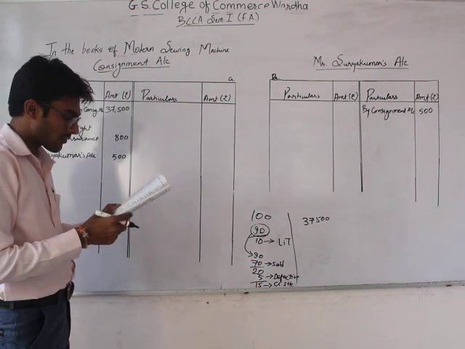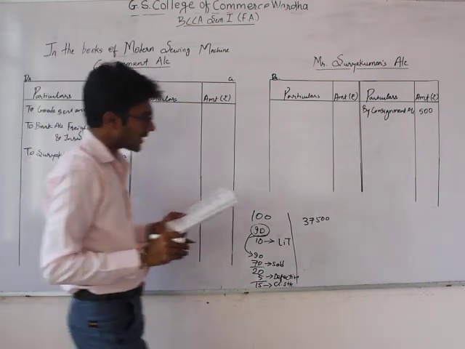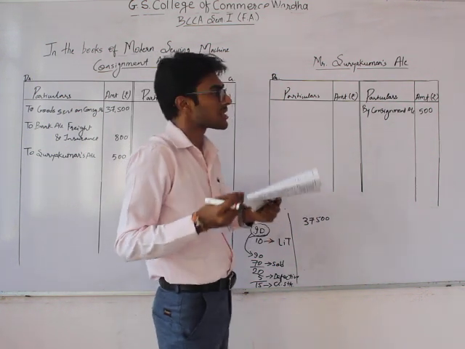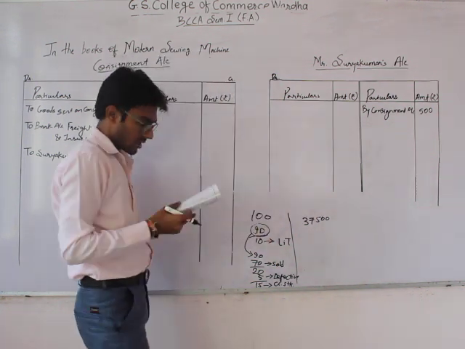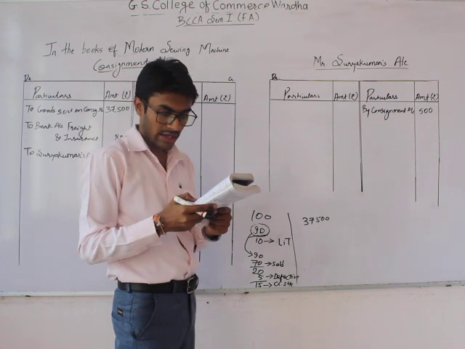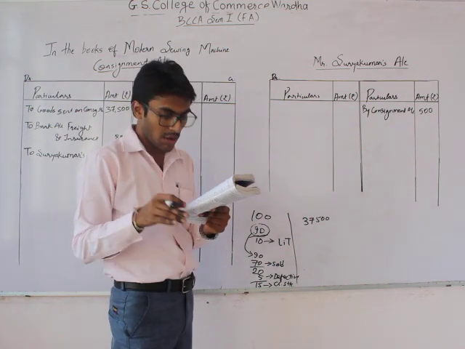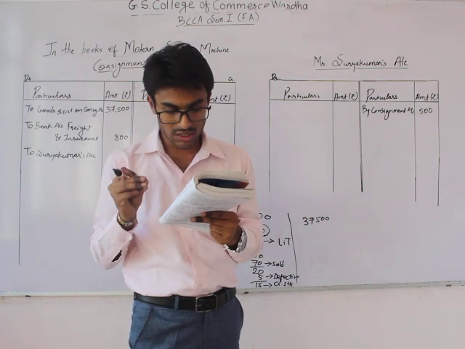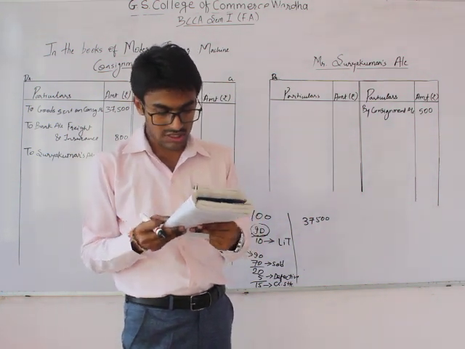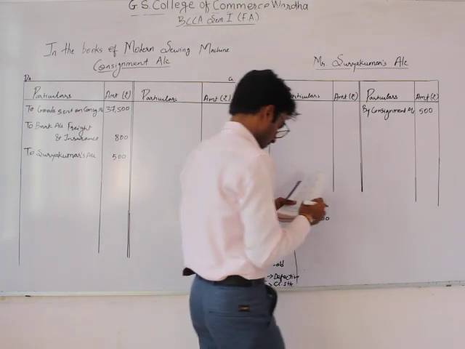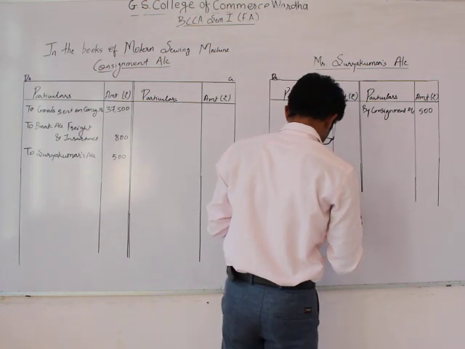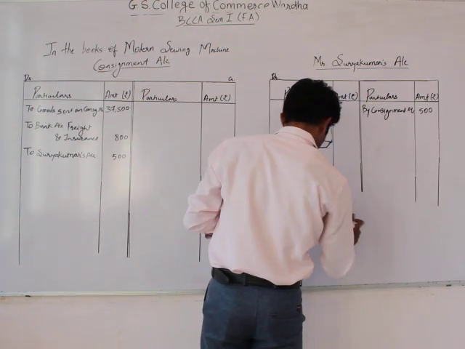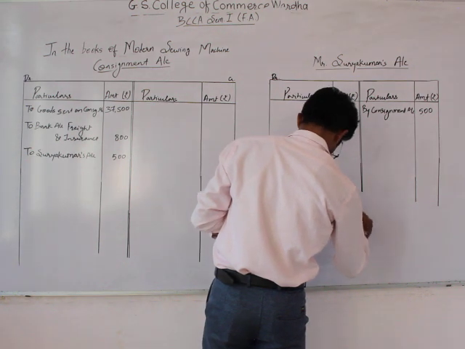We have to calculate 5% on the portion which has been sold by Surya Kumar. That person has sold only 70 units, that is 70%.